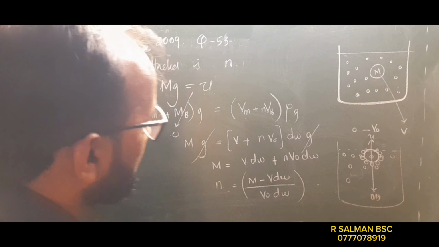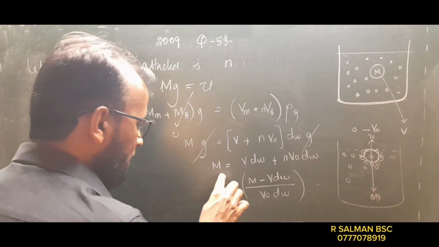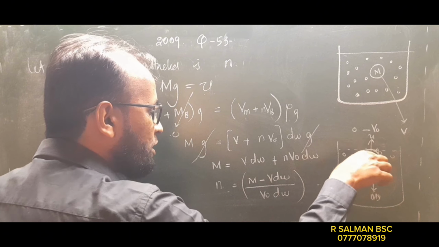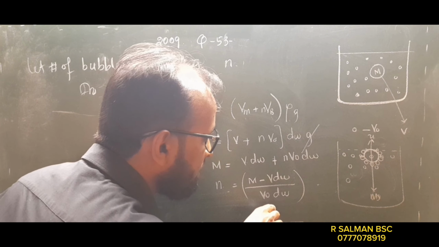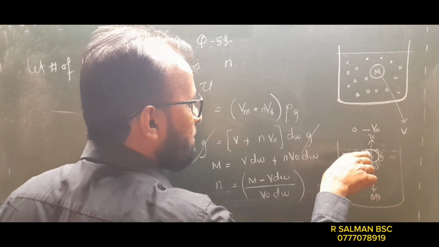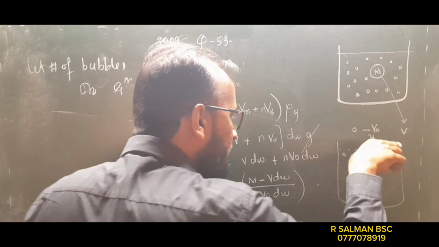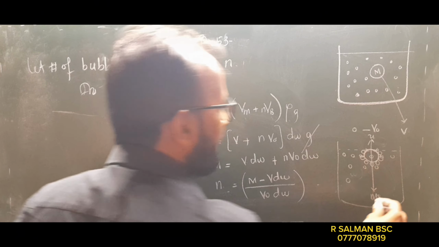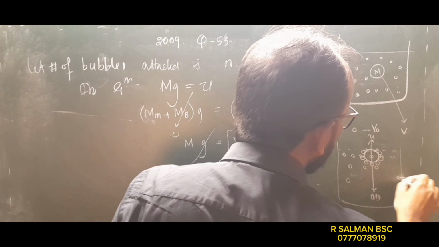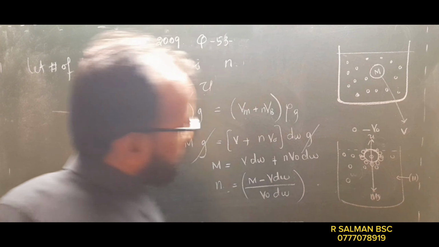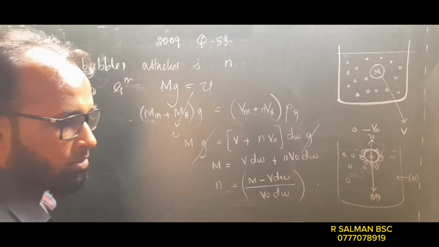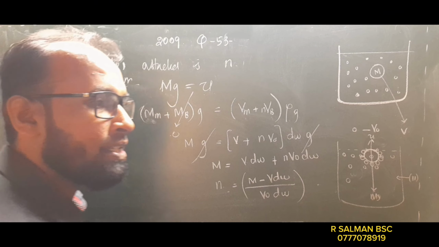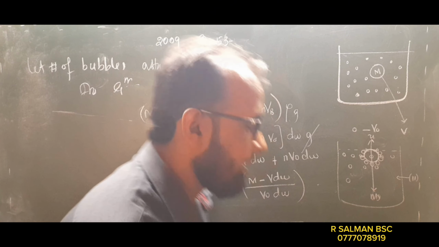Now let's argue. When the number of bubbles attached is equal to this amount, the metal will stay in line as seen in figure 2. Again, when the number of bubbles is higher than this amount, it has to float, no?